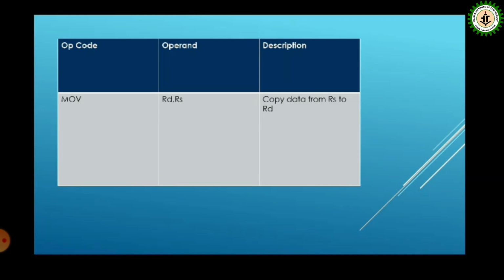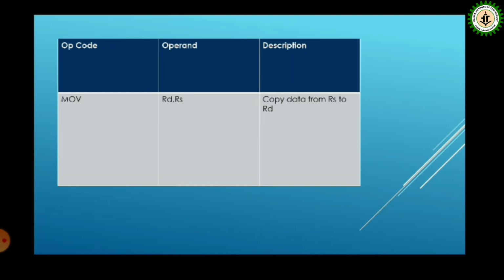And where I should copy the data is called the destination register. So if I write MOV C, B, that means B is the source register, C is the destination register. If I write MOV B, C, then C is the source register, B is the destination register.